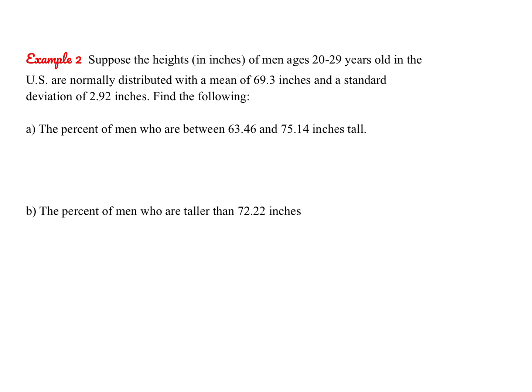So if we know that the mean is at 69.3, we can start adding our standard deviation to the right or left. If we do one standard deviation to the right, we get 72.22. And then if we go one standard deviation to the left, it's 66.38. And we can extend that out a little more because this doesn't quite encompass the numbers that we're looking for yet.